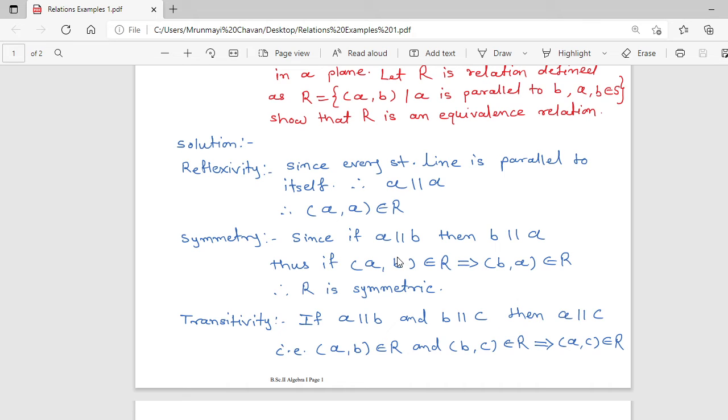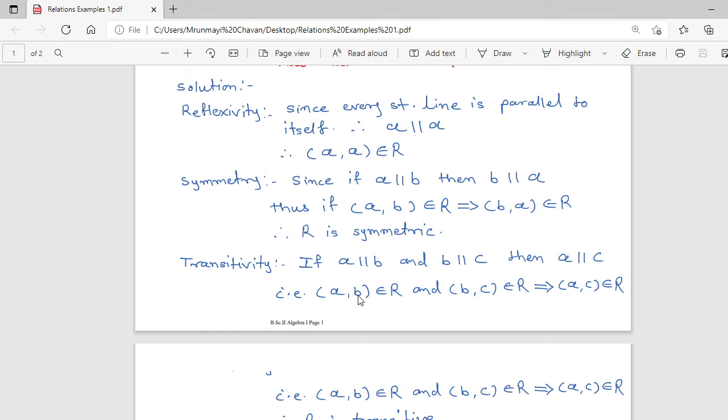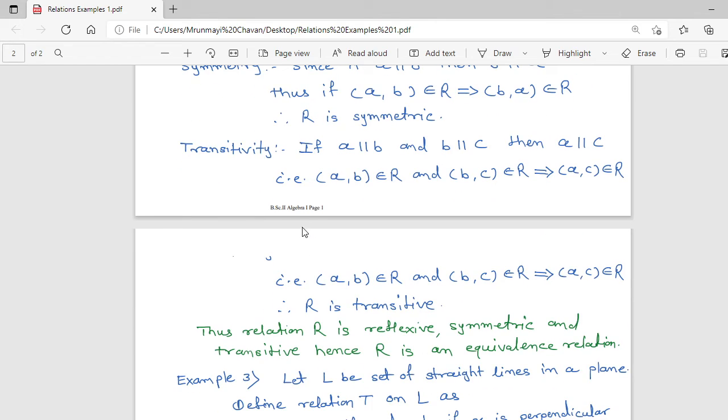Second, since a is parallel to b, then b is also parallel to a. Therefore, if (a,b) belongs to R, this implies that (b,a) also belongs to R. Therefore, R is symmetric. Again, for transitivity, if a is parallel to b and b is parallel to c, then we can say that a is also parallel to c.